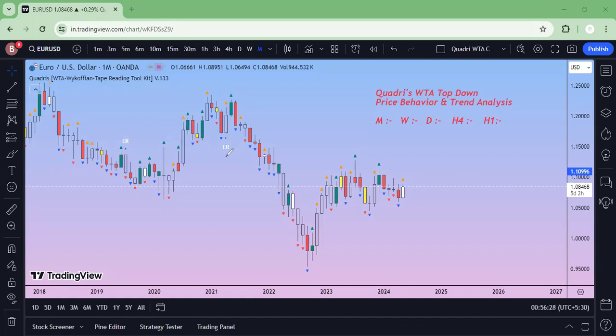Basically, I used to do top-down analysis of Indian stocks for Indian traders, wherein I used to select random 20, 30, or 40 stocks, and on a weekly basis I used to do the analysis, which would eventually help the trader take an informed decision and be prepared for either short or long, either buy or sell, well in advance.